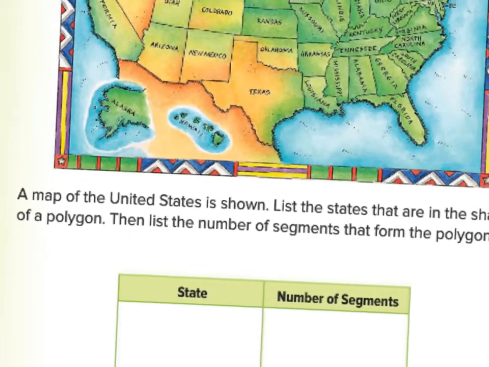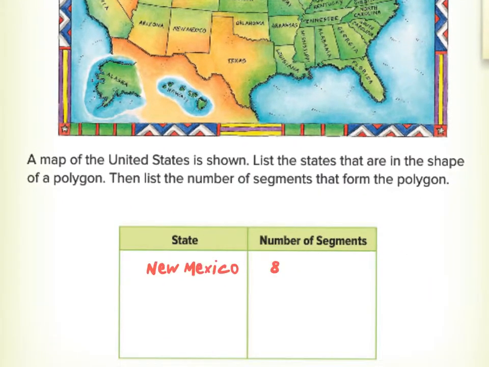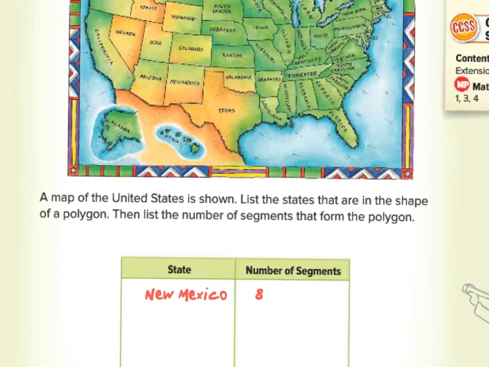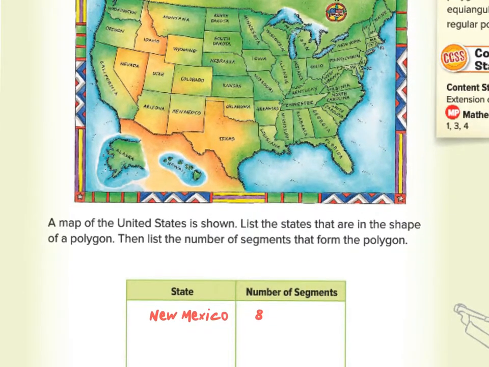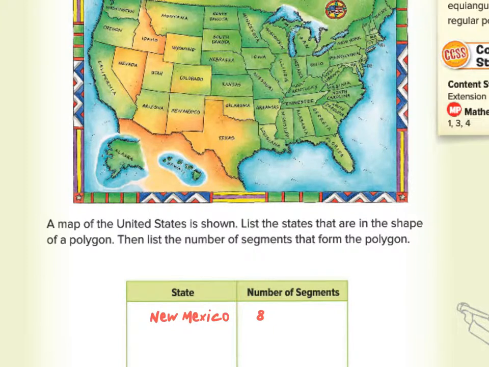So we have New Mexico with 8. Let's take a look at another one. I see over here, Colorado looks like a perfect rectangle, and so does North Dakota, almost a perfect rectangle. I see Utah right here with, again, I'll start at the top. 1, 2, 3, 4, 5, 6.